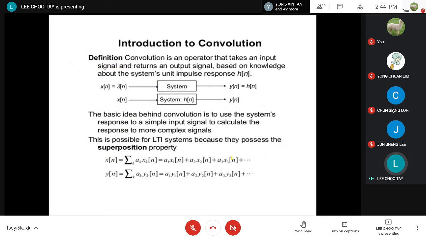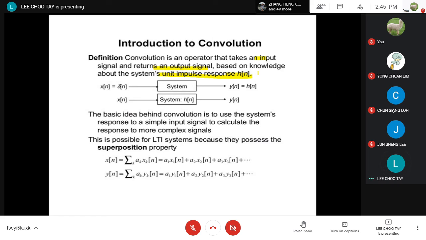Okay, next thing you need to know is convolution. This slide basically reintroduces what convolution is. The convolution process takes an input signal and returns an output signal based on knowledge of the system's unit impulse response h[n].